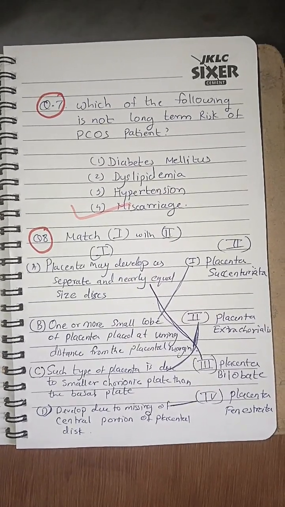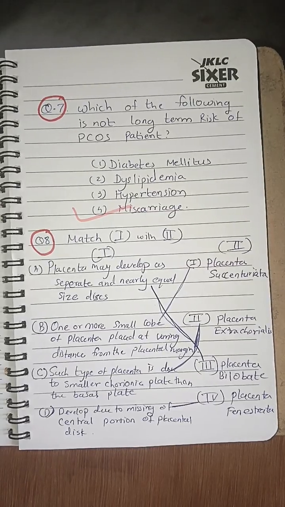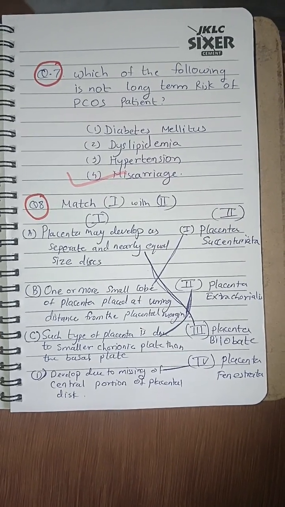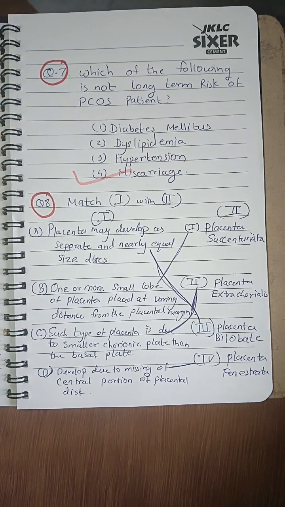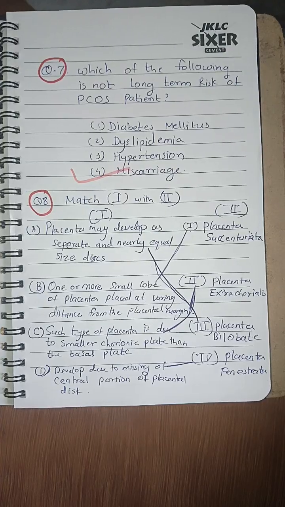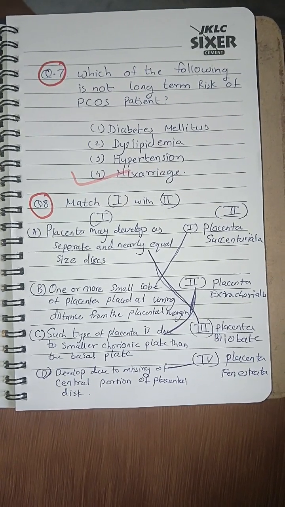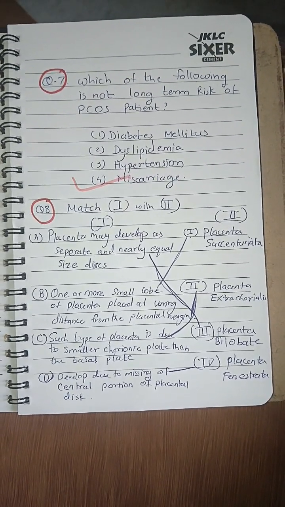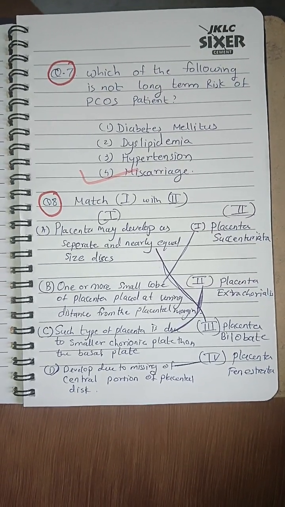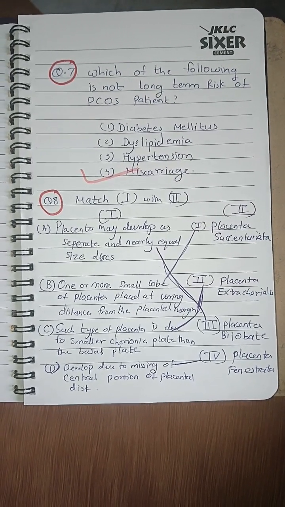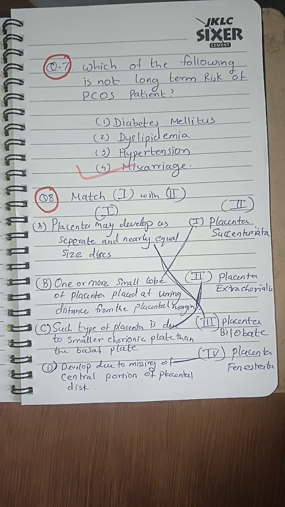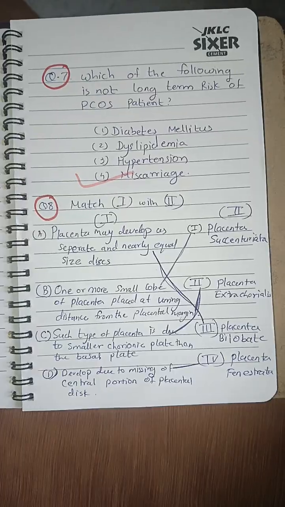This is called placenta succenturiata. Then C, such type of placenta is due to smaller chorionic plate than the basal plate. This is called placenta extrachorialis. And the fourth one develops due to missing of the central portion of the placental disc. This type of placenta is called placenta fenestrated.